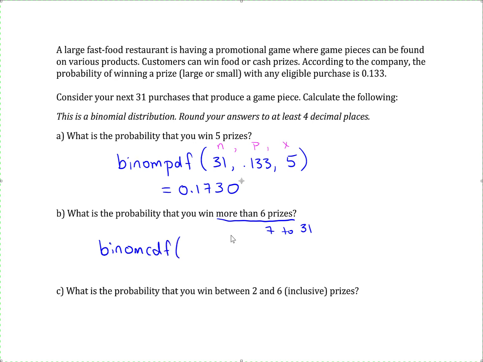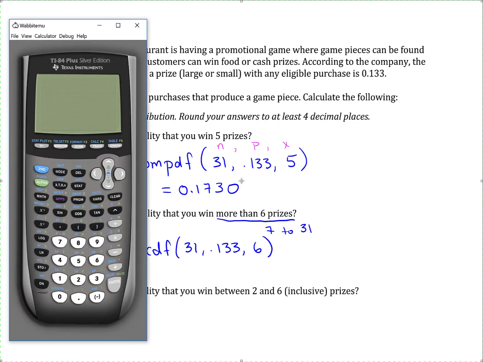The first 2 inputs are the same as binompdf, N and P, so 31 and 0.133. X is still our last input, but it represents where we want the sum of the probabilities to stop. So we want the sum to stop at 6, because if we went to 7, that would put us into the group that we're looking for, and we want to stay out of that group. So this would be the sum of those white bars, and if you took the complement, it would give you the sum of the blue ones.